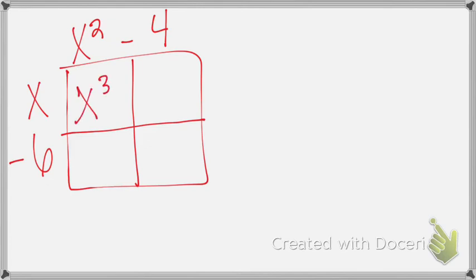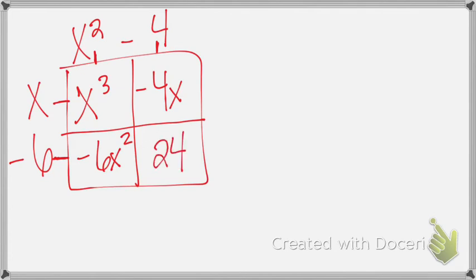All right, then we have a negative 4 and an x, which is a negative 4x, and then a negative 6 and an x squared is a negative 6x squared, and a negative 4 and a negative 6 is a positive 24. Now, do you have anything you can combine? Nope, but we always write it with what being first?